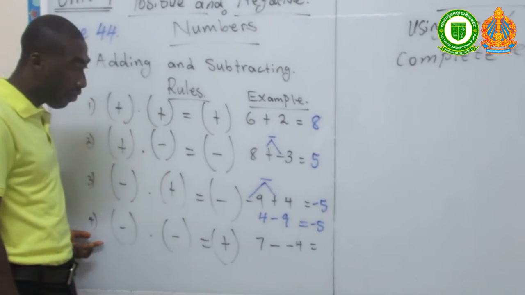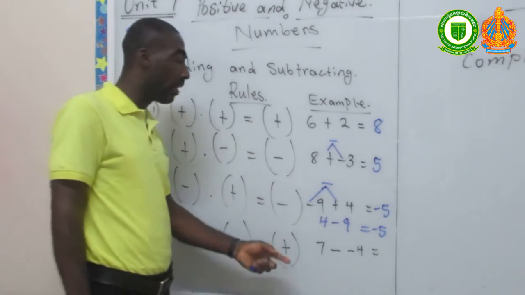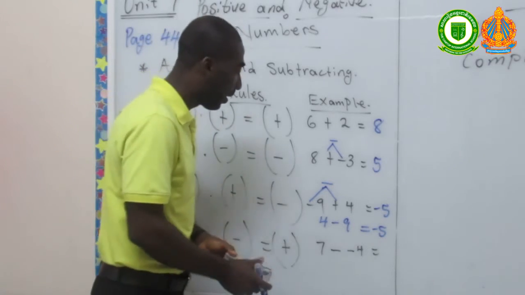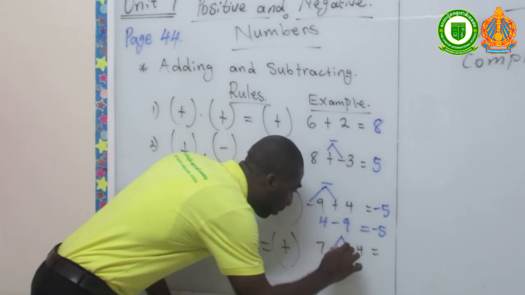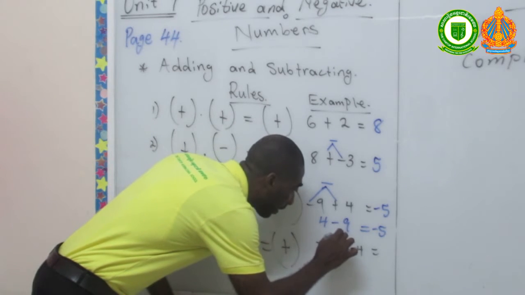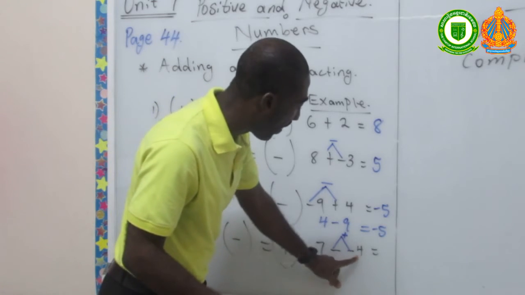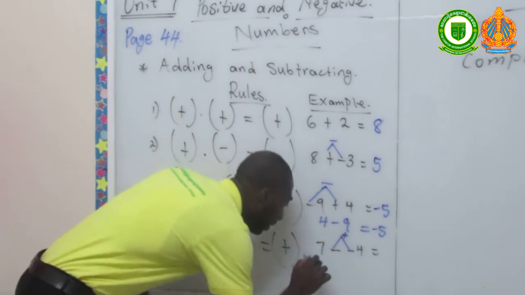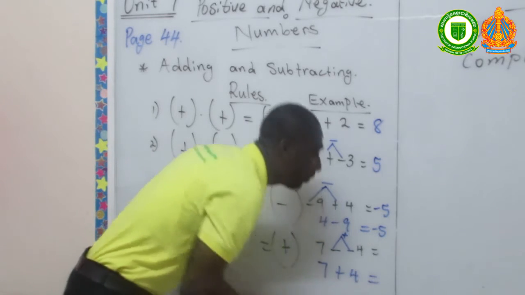Now let's look at our fourth rule. The fourth rule says that when negative and negative come together, it gives you a positive sign. So we have a negative here and we have a negative here. So these 2 signs will give us a positive sign here. So instead of thinking of minus minus here, our equation becomes 7 plus 4.